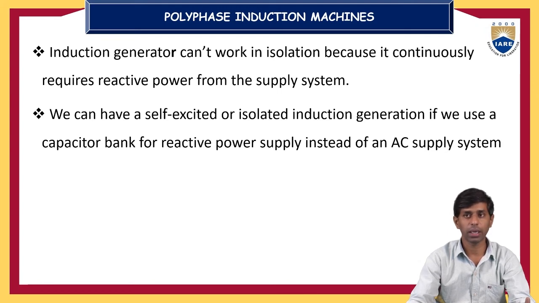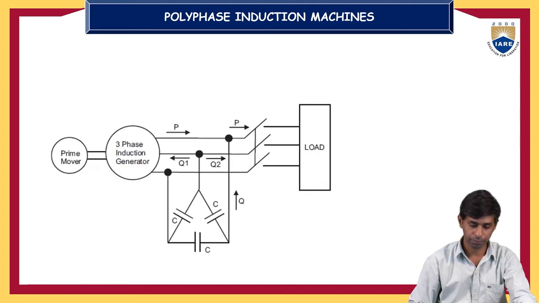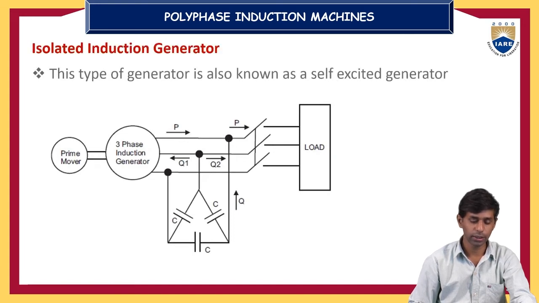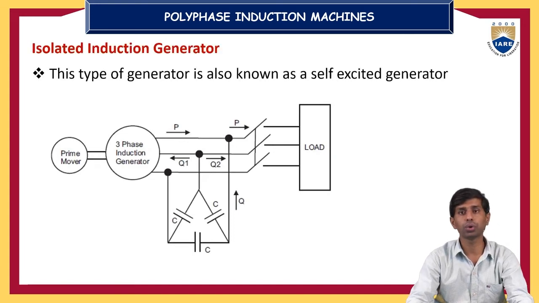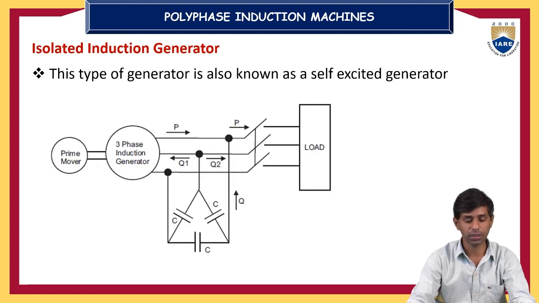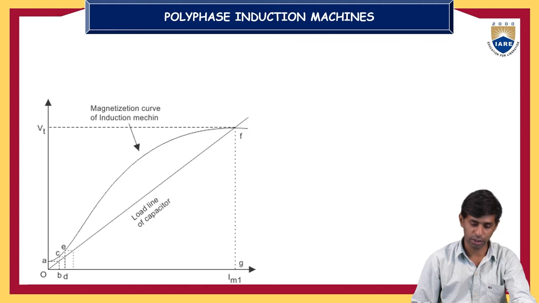Instead of an AC supply system supplying the reactive power to the induction machine, capacitor banks are used. This figure shows the self-excited induction generator, that is, the isolated induction generator. A bank of delta-connected capacitors is connected to the induction machine, that is, the induction generator. It can supply reactive power to the load as well as to the induction generator, to make it a self-excited machine.